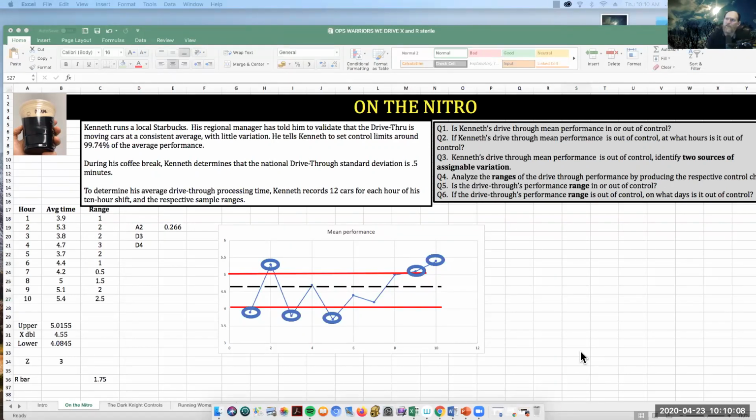Okay, so it's important for us to reflect here on our definition of in control or out of control. Kylie, what do you think? Is this in control or out of control? I would say that it's in control because they're not in a row. So really it's just points that are randomly out of control at one point. It's not really an issue that you need to fix because it's not 3 in a row.